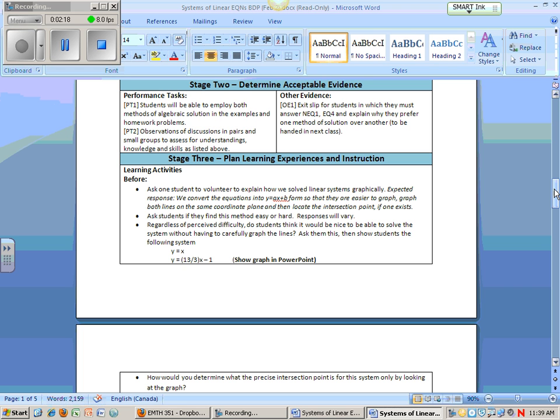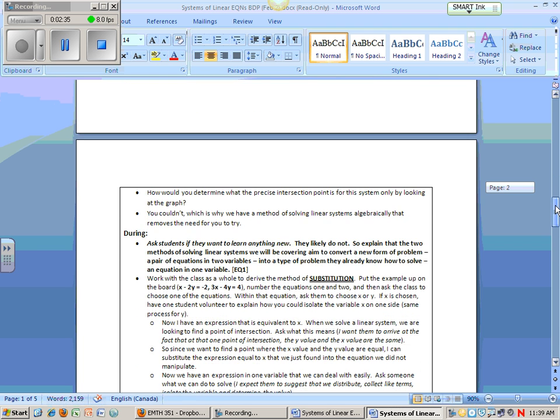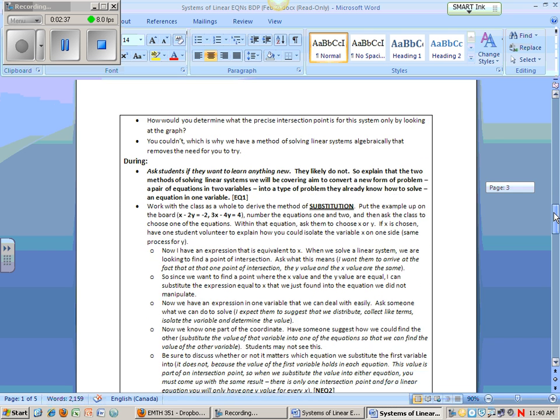Then I posed this example, y equals x and y equals 13 over 3x minus 1. I showed them the graph and said it doesn't have a whole number intersection point, so it was hard to graph. That's why you need these other methods of solving them.